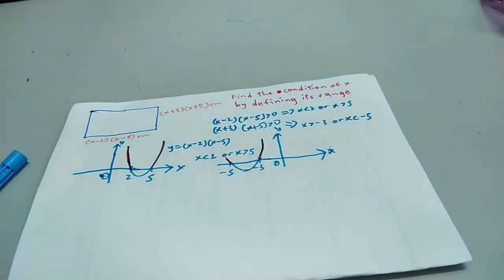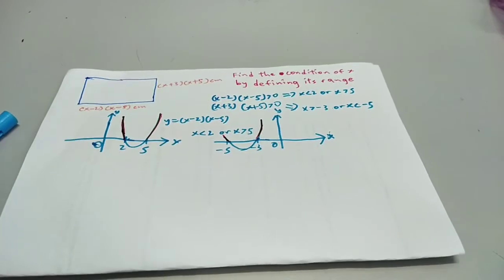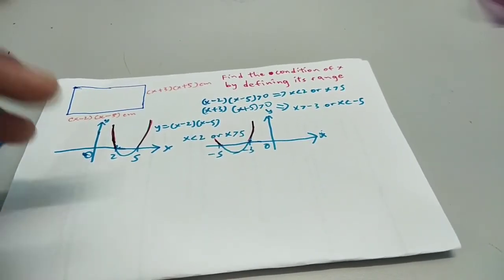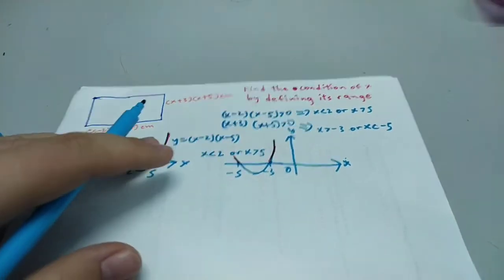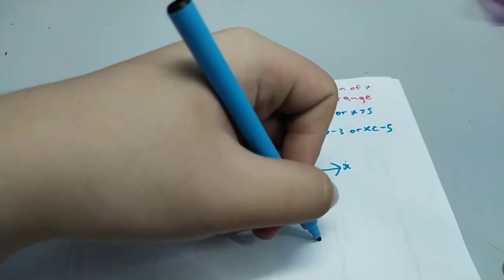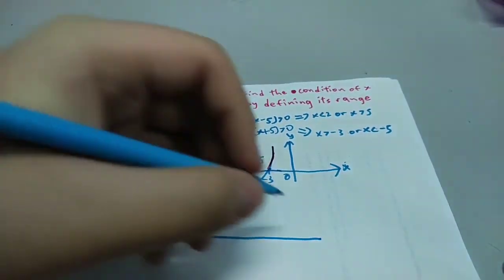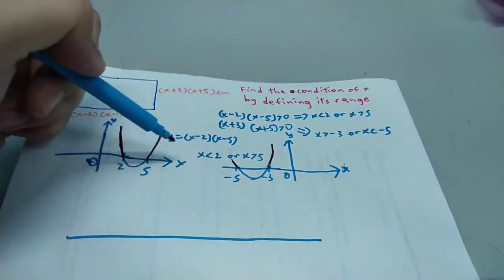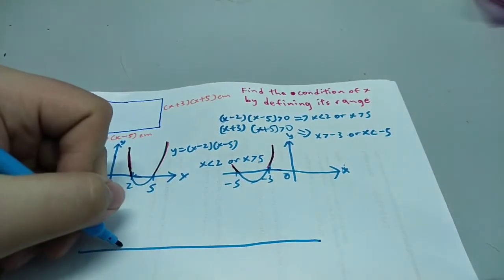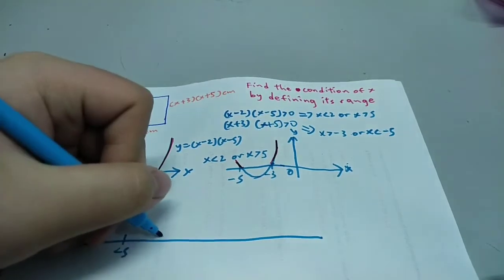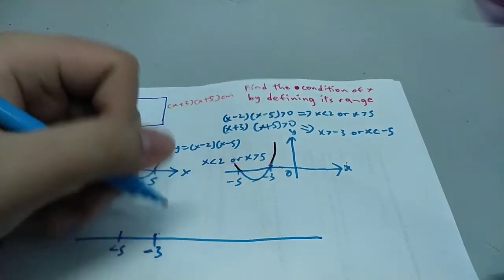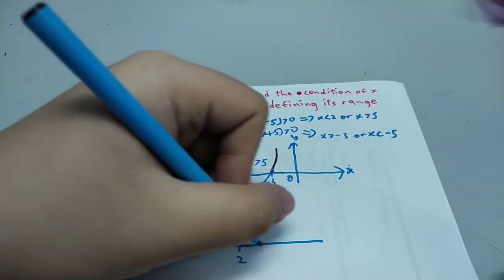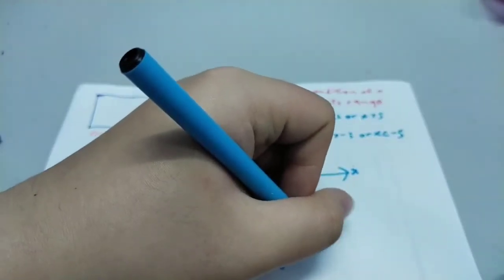After we find the range for each quadratic inequality, we can finally plot this on a number line. Which value is the lowest? Negative 5 right here, negative 3 right here, then 2 and 5.